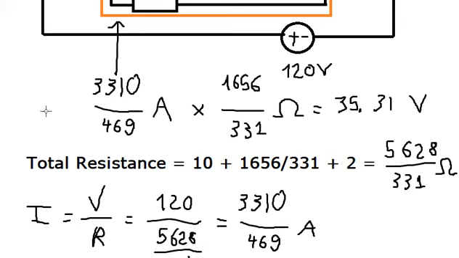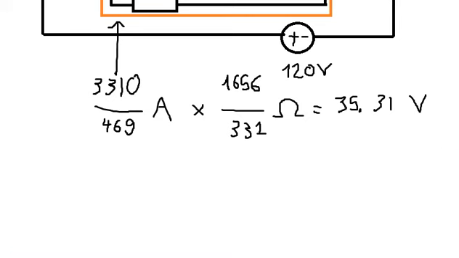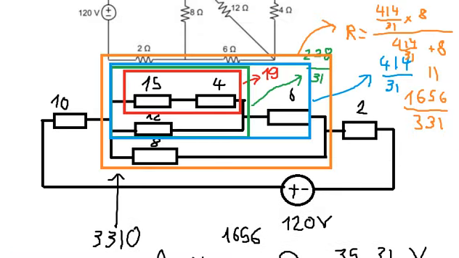So on the next step, we know that number 6 is in series with the green one in here, and we can calculate the ampere in here. The ampere in number 6 and the green one is the same.